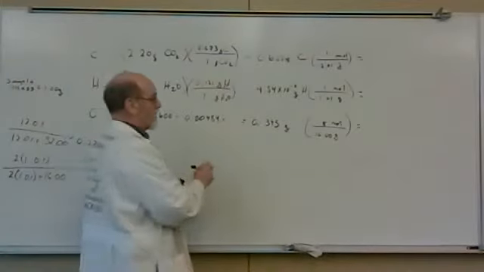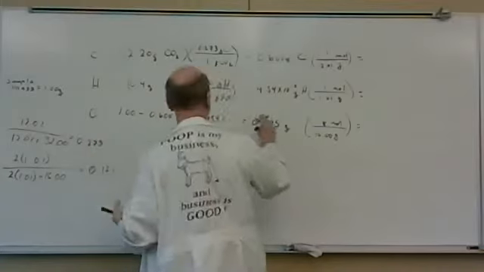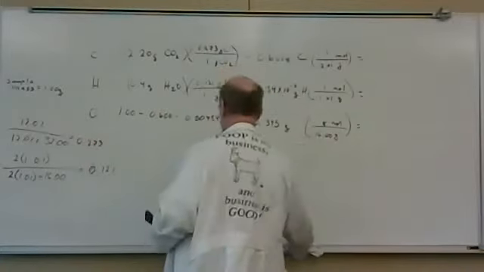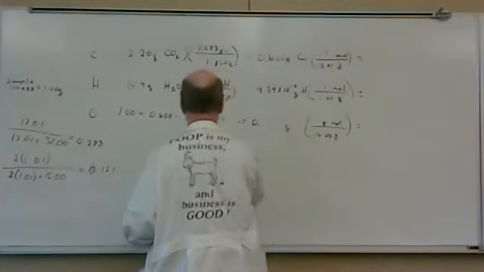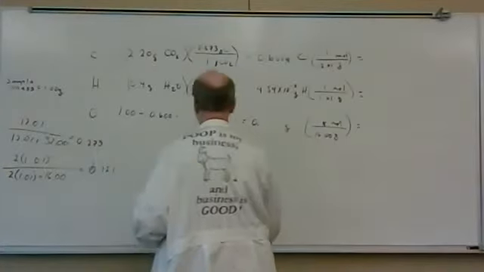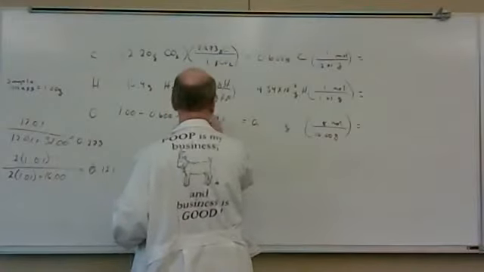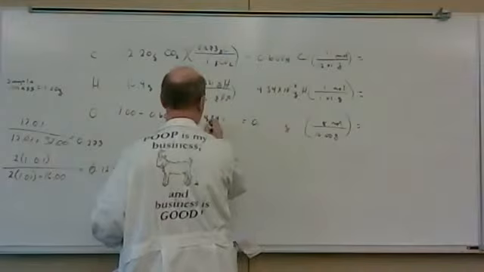So all we have to do then, since the total is 1 gram, is just subtract. I did this wrong. That's why the number's wrong. 0.0484. There we go.